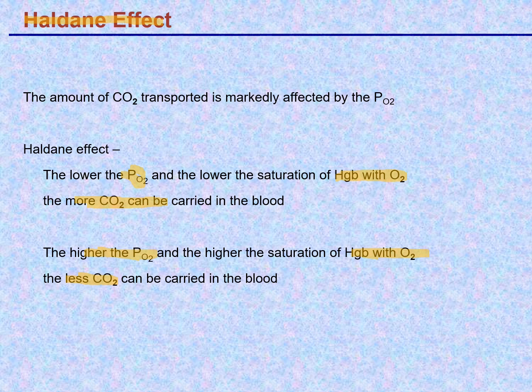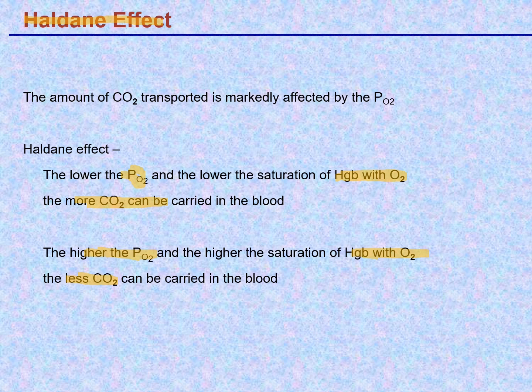And that's because of this effect of surrounding PO2 on both oxygen saturation, as shown by the oxygen hemoglobin dissociation curve, and the Haldane effect, in which this lower PO2 allows the hemoglobin to carry more CO2.